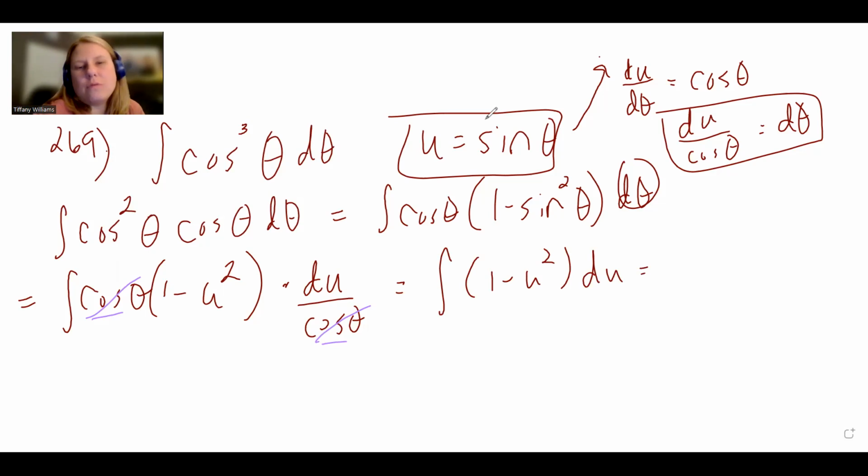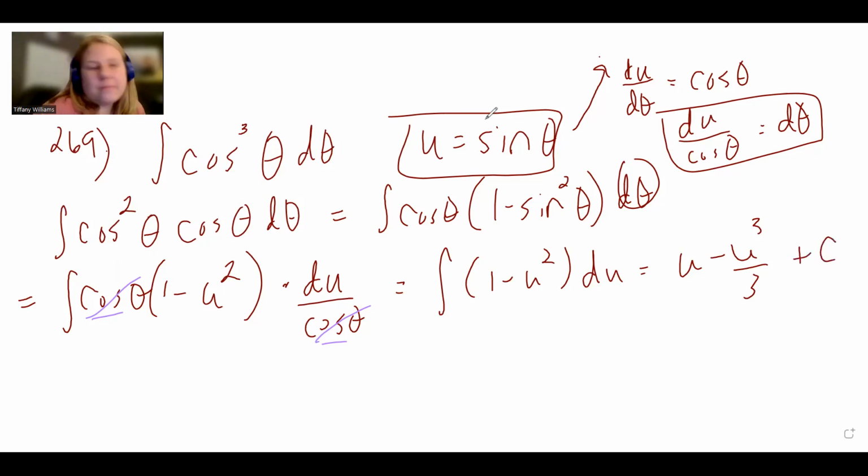The integral of 1 is u, because that's really 1u to the 0, and we add 1 to it. So we've got u minus u cubed over 3. Typically I like to write it as minus 1/3 u cubed. That's just personal preference, completely up to you. This way actually follows the rule a little bit more.